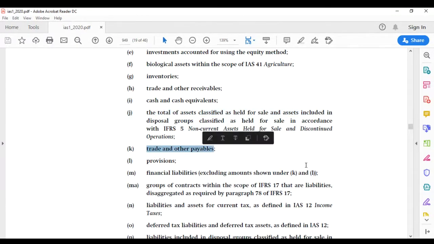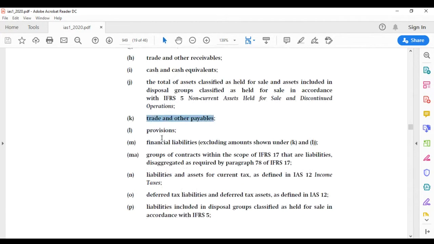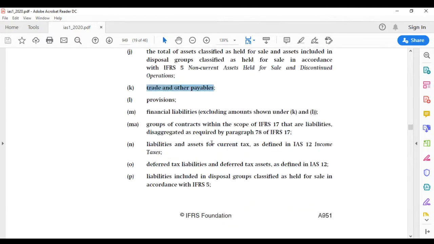Trade and other payables. So now we are getting to our liability side. Trade and other payables, provisions, things like a bank overdraft. One other one that we must just take note of is this one, liabilities and assets for current tax, as defined in IAS 12, which deals with income taxes.